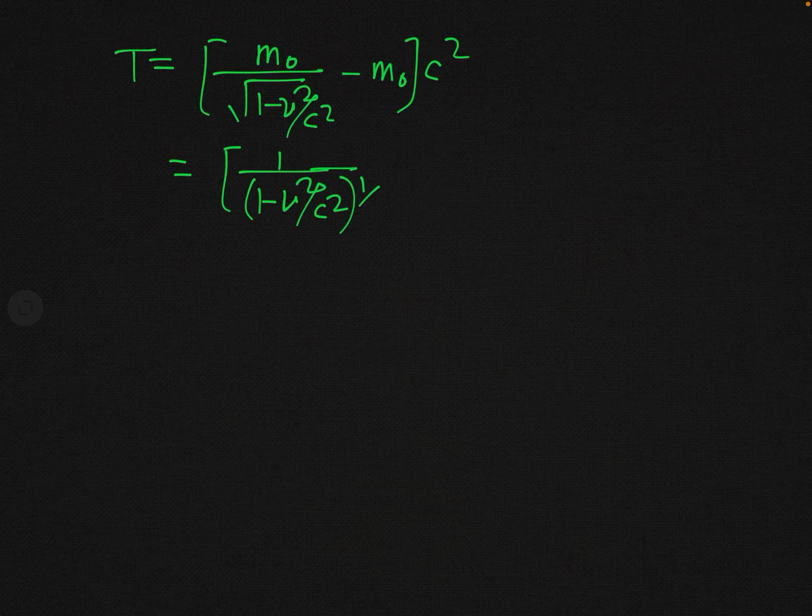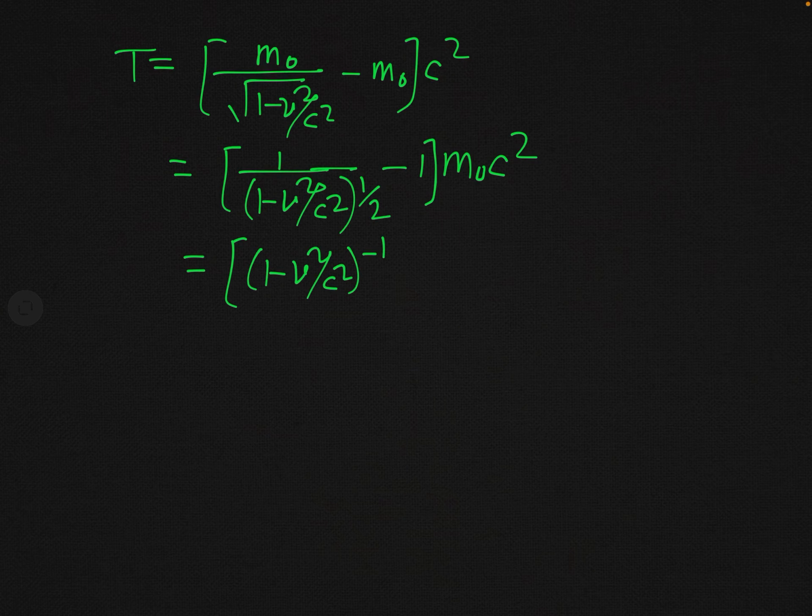This will be 1 over (1 minus v square over c square) to the power half, minus 1, into m naught c square. You know, this m naught c square is actually the rest mass energy of our particle. Now you can write the first term in this manner: (1 minus v square by c square) to the power minus half, minus 1, times m naught c square.